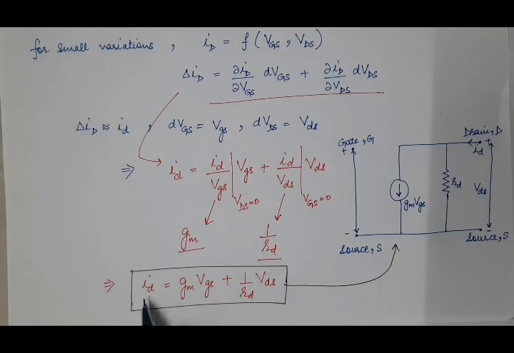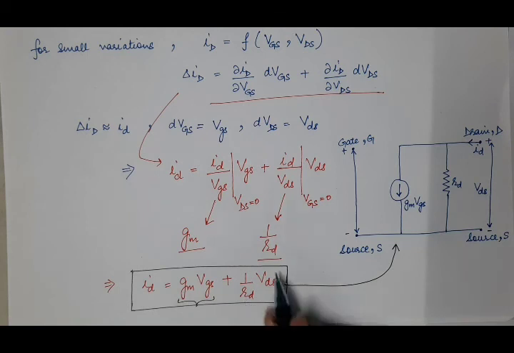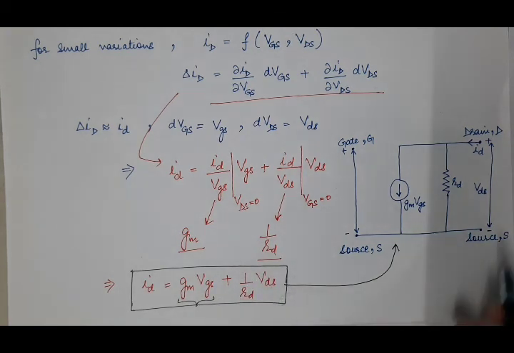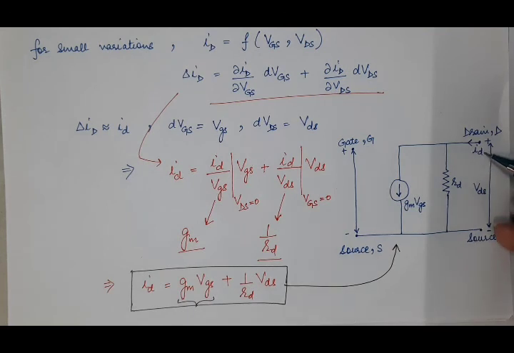It means the left hand side has the dimensions of current, so gm vgs will also be that of current, and this vds by rd also represents current. So here, this is the drain current, and the voltage between this drain and source terminal will be vds.